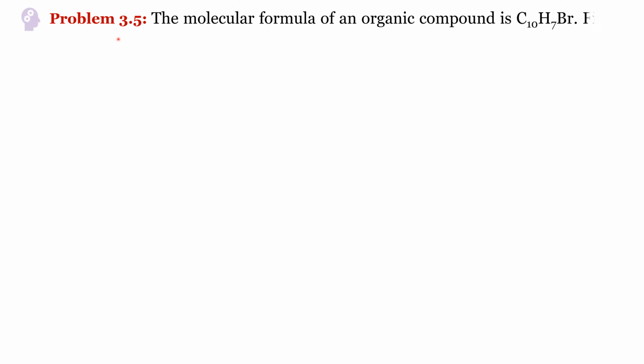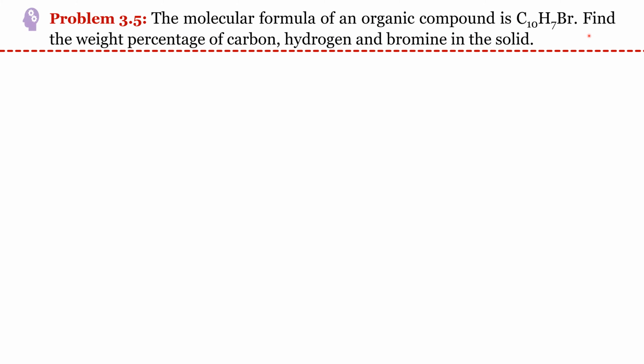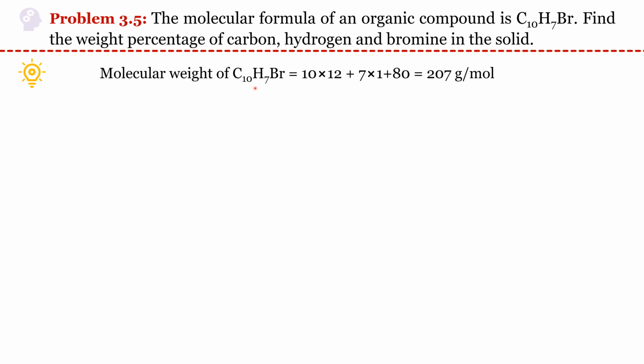Now problem number 3.5. The molecular formula of an organic compound is given and we need to find the percentage of its constituents. First write the molecular weight of the given compound, and it will come out as 207 gram per mole. Now we can easily find the weight percentage of its constituents. The weight percentage of carbon will be equal to the weight of carbon divided by the total weight of the compound into 100.